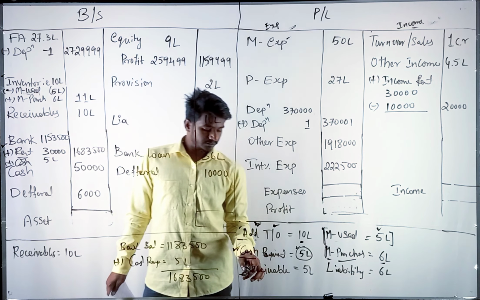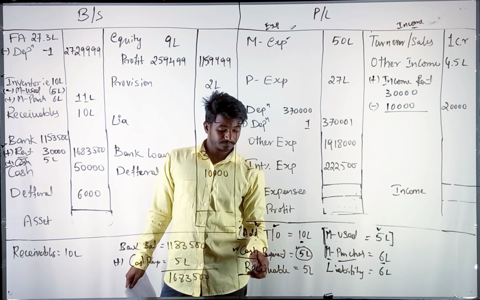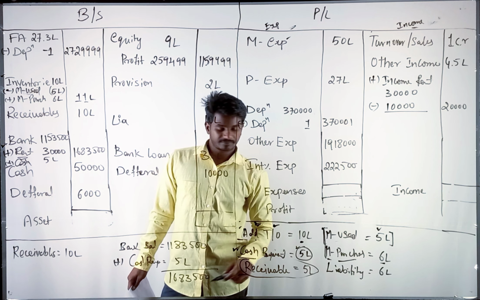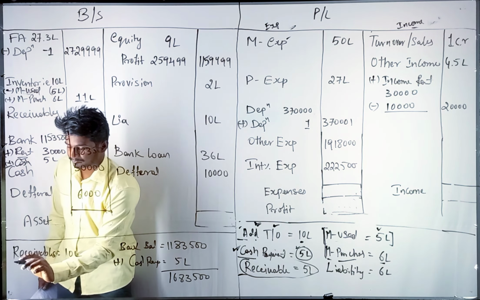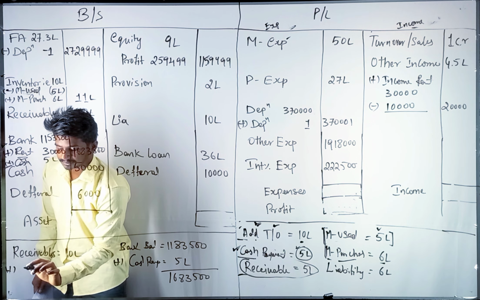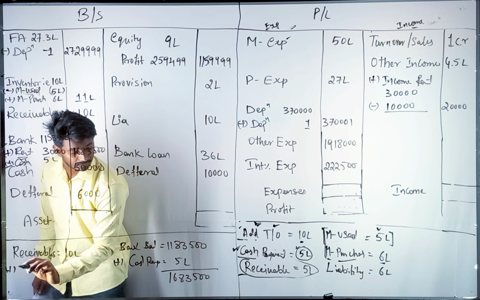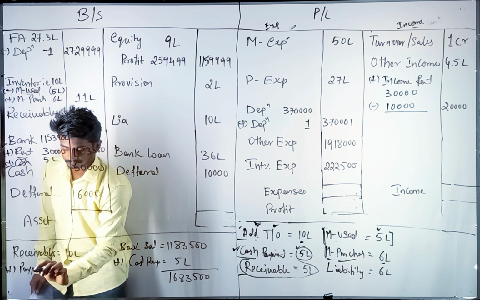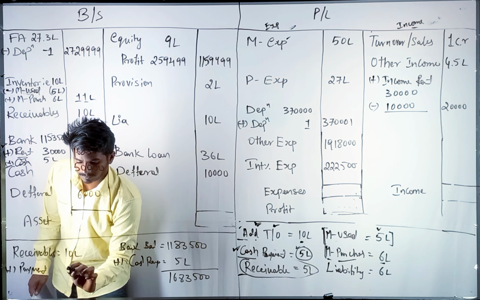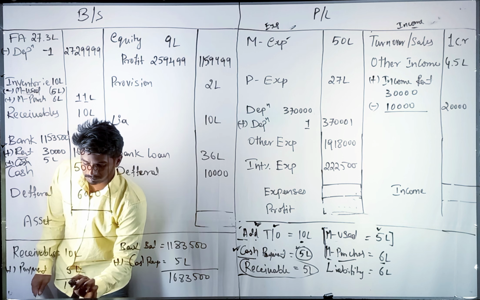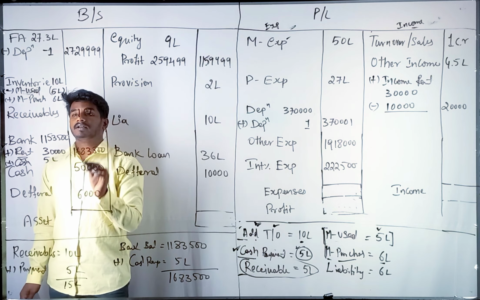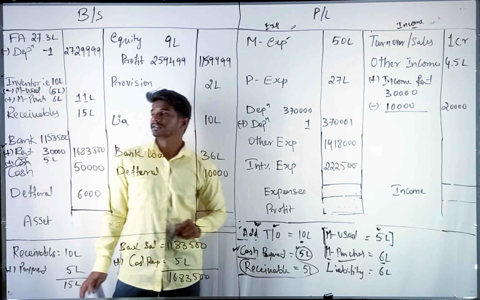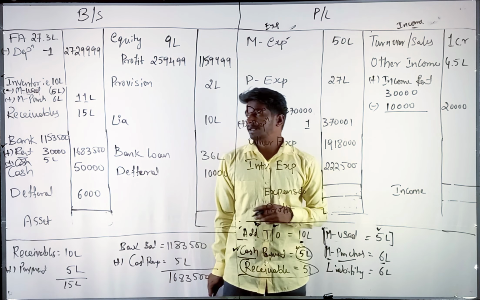Still, in this current transaction, we should receive again 5 lakh rupees. Add to the receivables of rupees 5 lakh, total receivable will be 15 lakh rupees, making it 15 lakh from 10 lakh.